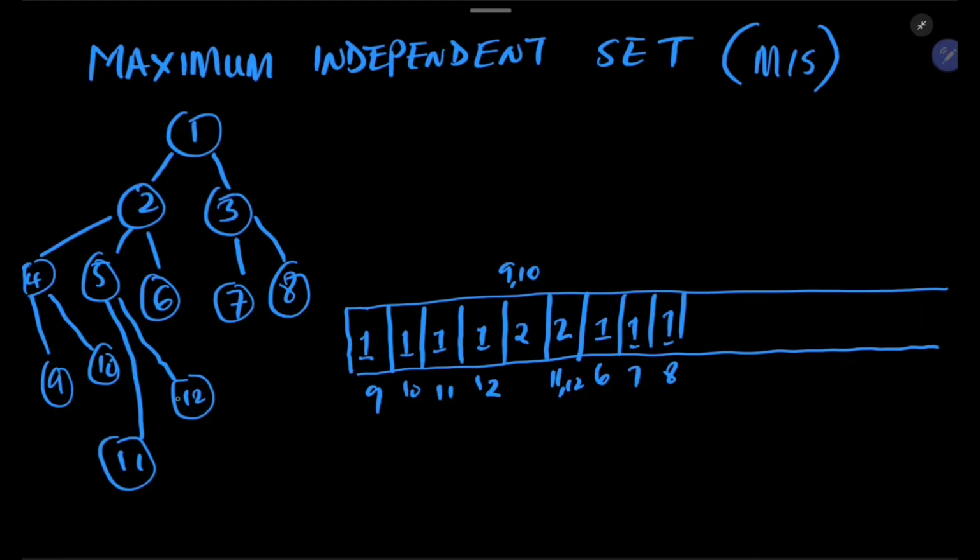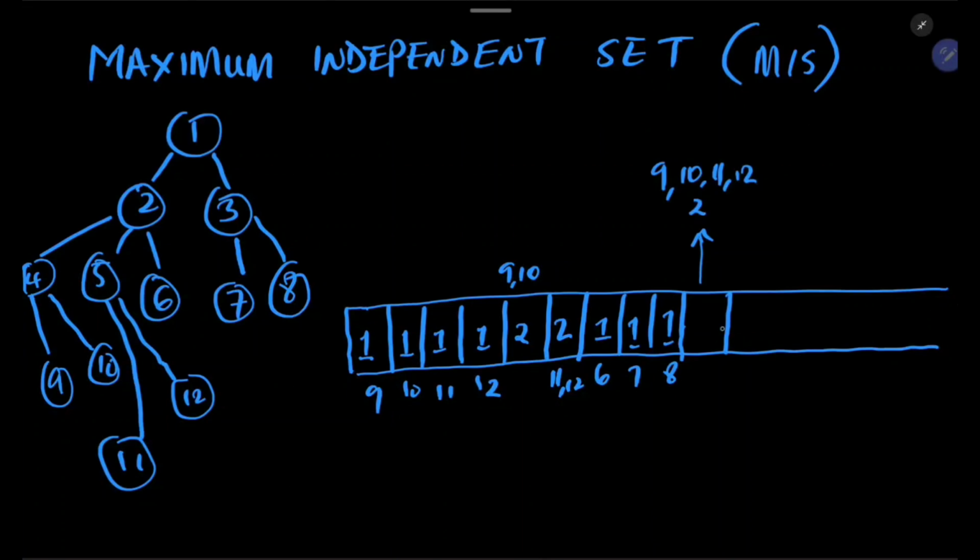So let's say we grabbed nodes 9, 10, 11, 12. It means we would have nothing to do with 4 and 5. So we can go with 9, 10, 11, 12, and then 2. We would skip their direct parents, and then we go to 2, right?